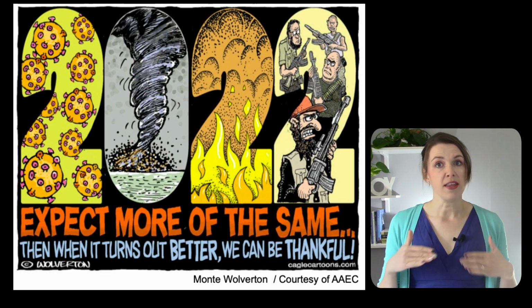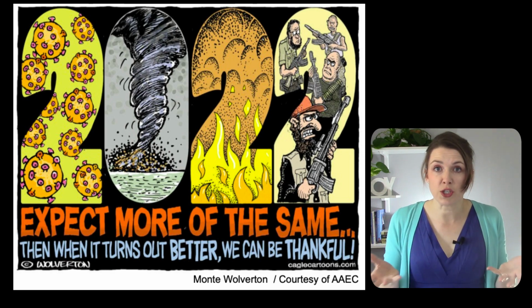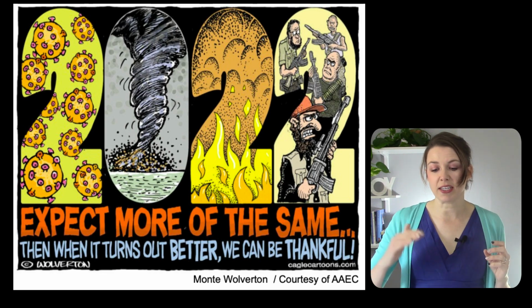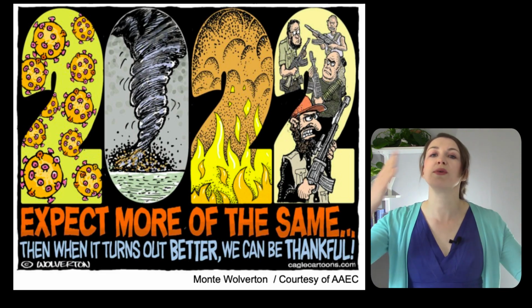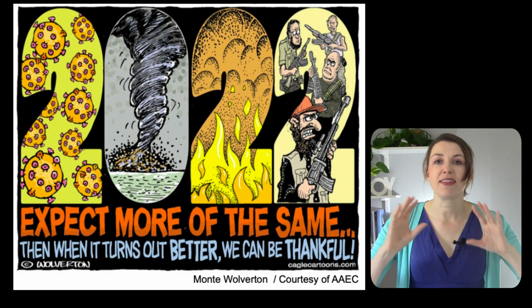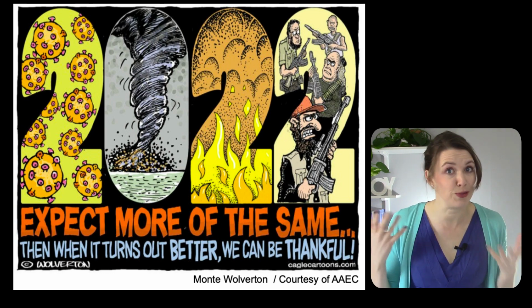And so you know that this is probably the new year of 2022 based on the caption that is down below, right? Expect more of the same, right? So we think, oh, well, what was 2021 like? 2022 is probably going to be more of just the same. That's the way that this cartoonist is sort of predicting our new year to be.